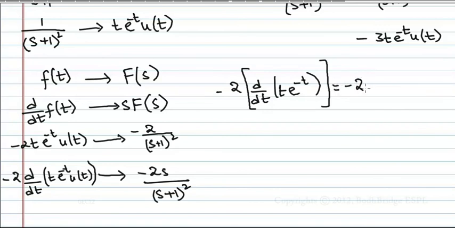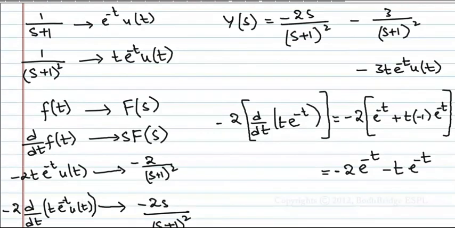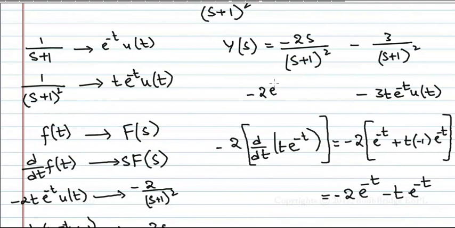Using the uv formula, u dv by dt plus v du by dt, this gives minus 2 e power minus t minus t e power minus t. Minus of minus becomes plus, into 2.